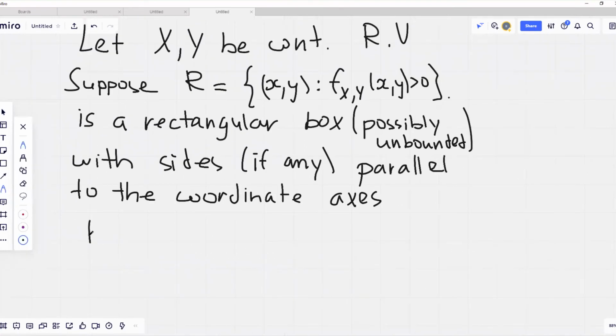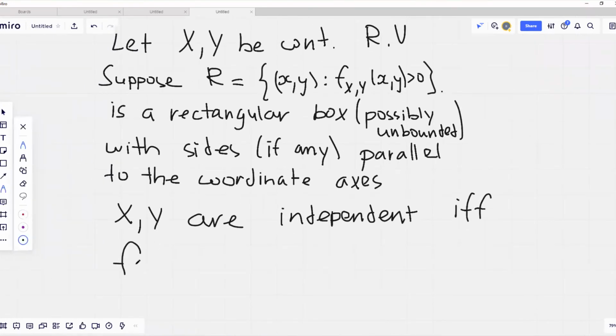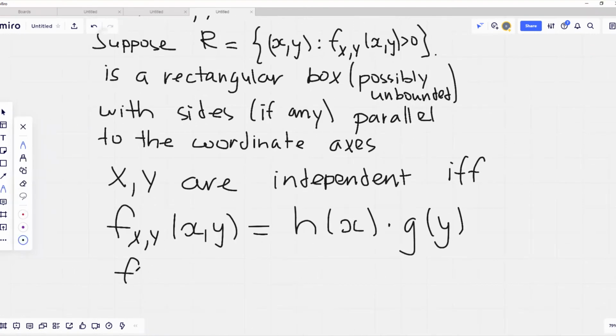Then random variables X and Y are independent if and only if their joint PDF can be expressed in the following form: as a product of functions h and g, such that h is a function of only x and g is a function of only y, for all values of x and y in that region R.